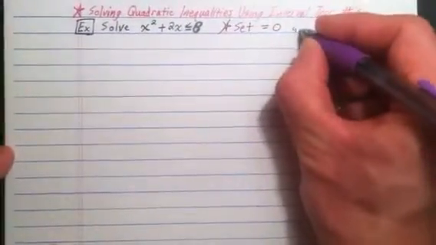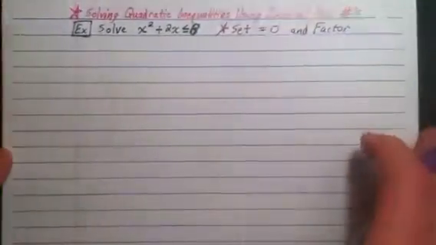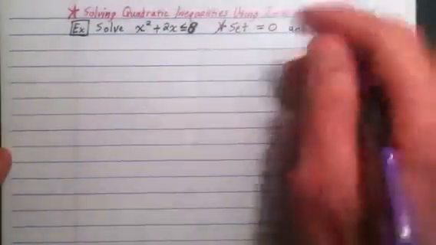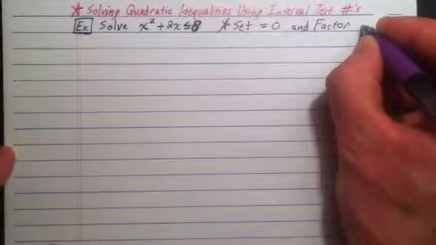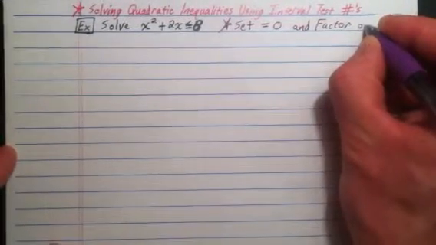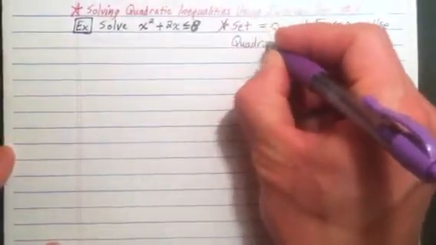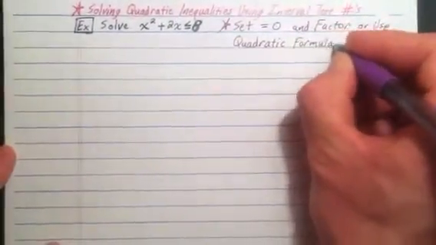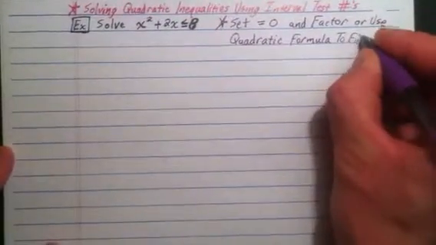And then once we have it set equal to 0, we either factor, just like we did in the two previous problems, to find your x-intercepts, or what we're going to call them now, the cut points. If it's something that you can't factor or is tough to factor, you always could use the quadratic formula in order to find your zeros.